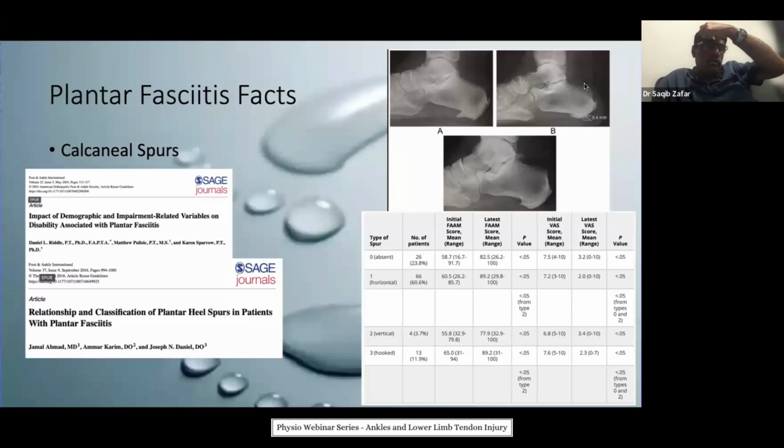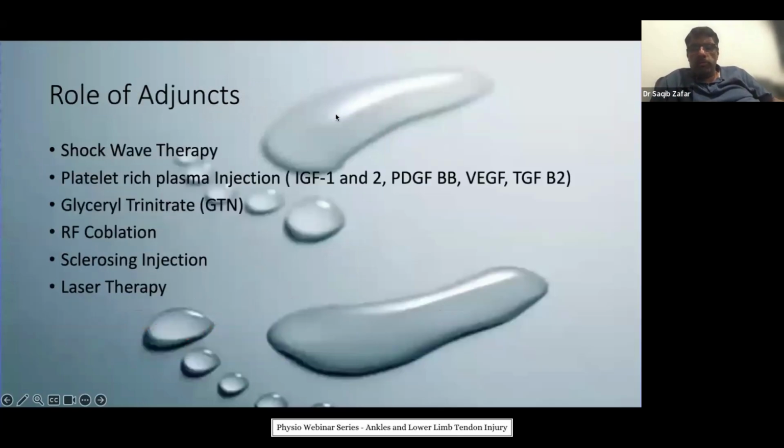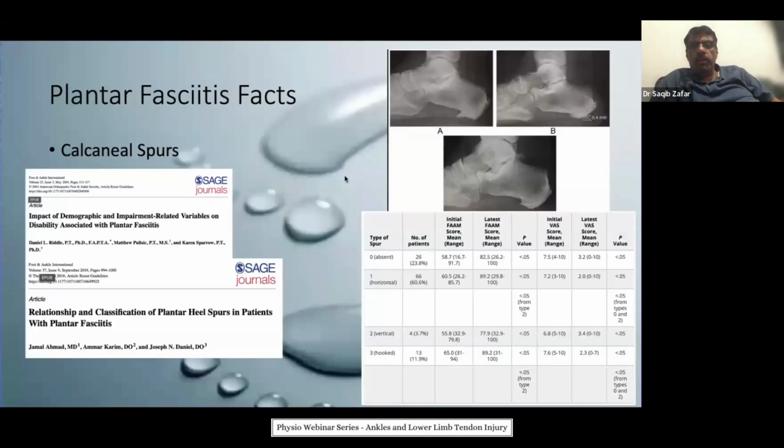This is a paper in Foot and Ankle International, and I looked at it, and they found one thing. If you look at this table, there are different types of spurs, whether it's present, and if it's present, either it's horizontal, as in the top left picture, or vertical, which is the top right picture, and there is also this hooked one.